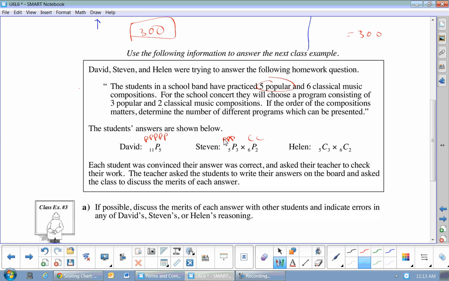What's wrong with Helen? This says no, right? Like, if order's important, you shouldn't be doing combinations. Okay?